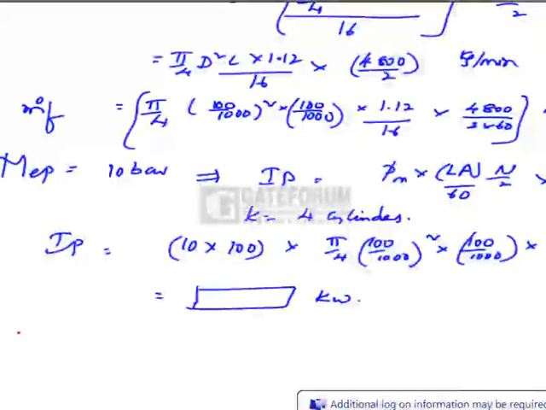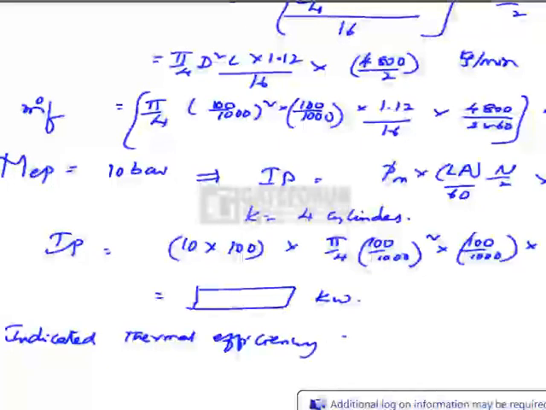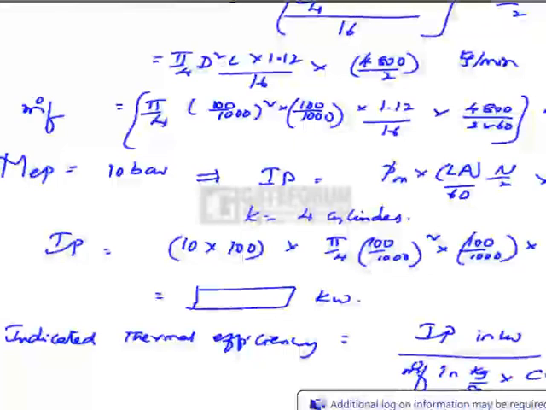Therefore, indicated thermal efficiency is equal to indicated power in kilowatts divided by mass consumption rate of the fuel in kg per second into calorific value of fuel in kilojoule per kg.